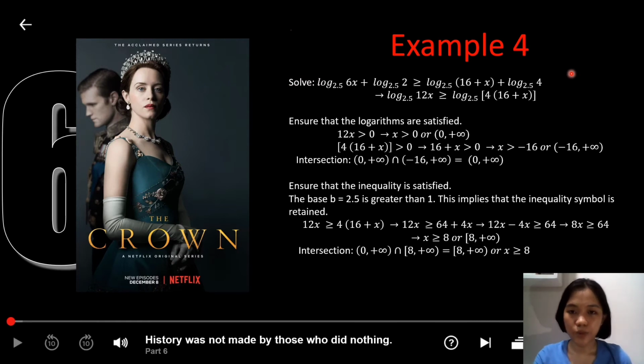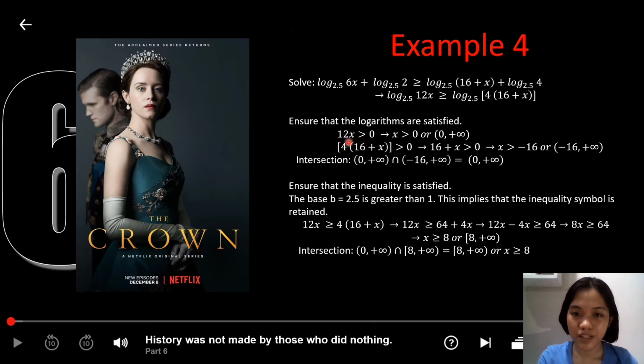On the left side, the product rule of logarithm can be applied, where we multiply 6x and 2, which results in 12x. On the right side, the product rule can also be applied, which gives 4 times (16 + x). Now the first step is to ensure that the logarithms are satisfied. So the first term here, we have 12x is greater than 0.